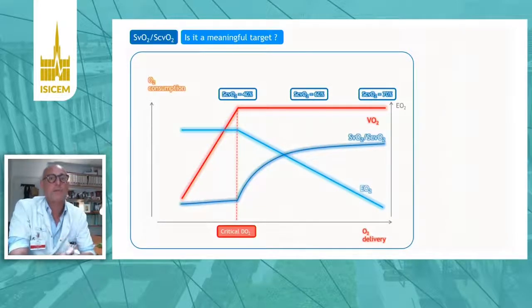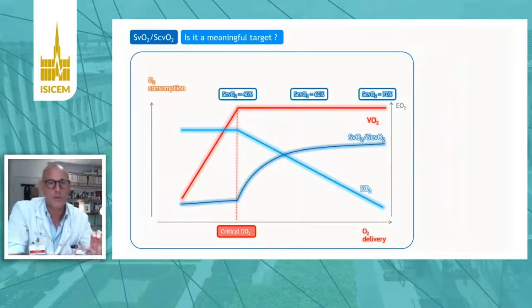It means that at the same time, the amount of oxygen on the venous side decreases. Eventually, when extraction is maximum, the oxygen consumption decreases and anaerobic metabolism appears, and SVO2 or SCVO2 are at the lowest level.